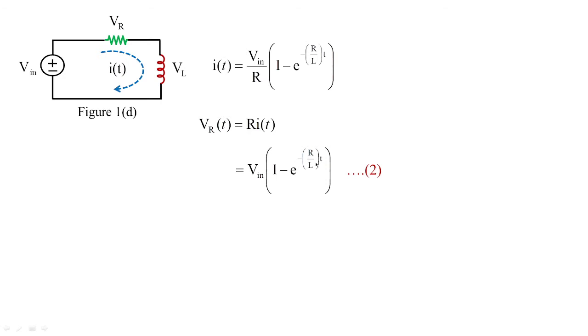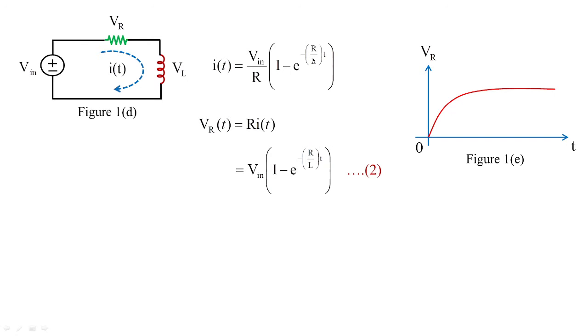So we come to the conclusion that the voltage developed across the resistance will be equivalent to the rising characteristics of the circuit. This is how the circuit looks, as shown in figure 1e. In fact, this is a graph of VR of t as it is applied across t, where t is the ranging parameter.